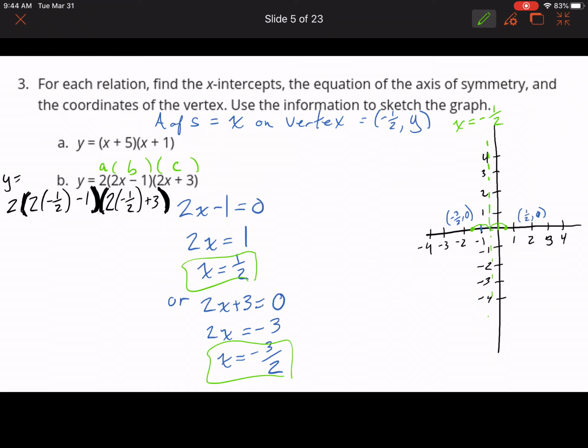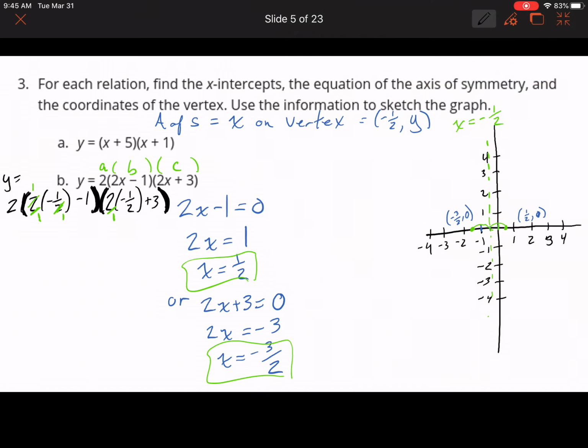So again, we consider the 2 to be 2 over 1. We can simply multiply them together to get negative 2 over 2, or we can cross cancel like that, so we get negative 1 over 1. Same here. This is 2 over 1, so we could end up with negative 2 over 2, or we can cancel out and have 1 over 1 times negative 1 over 1.